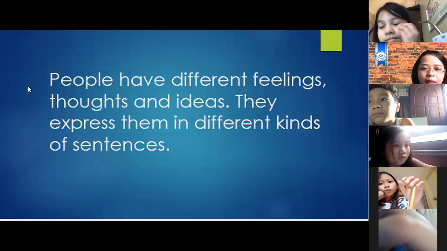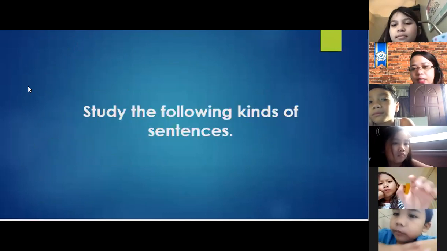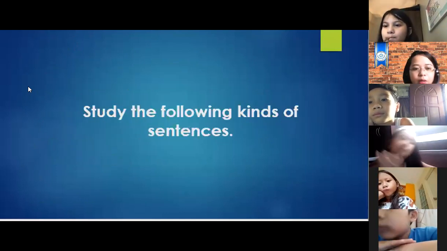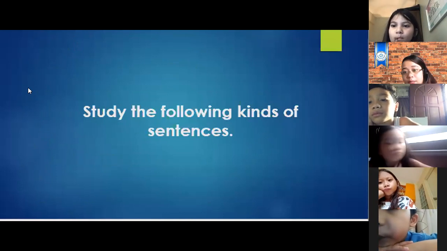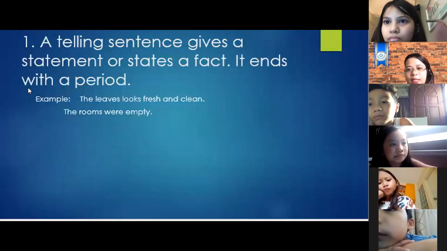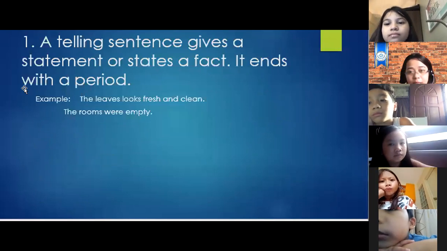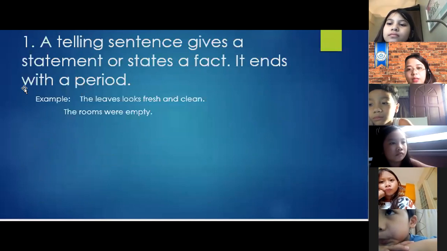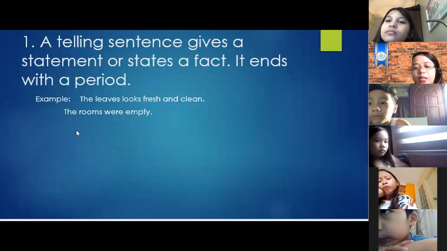Okay, so people have different feelings, thoughts, and ideas. They express them in different kinds of sentences. So let's study the following different kinds of sentences. The first is a telling sentence. It gives a statement or states a fact. It ends with a period.